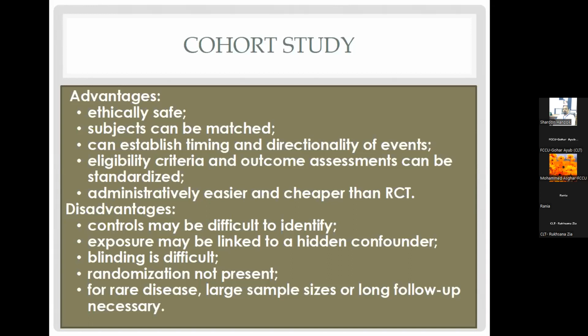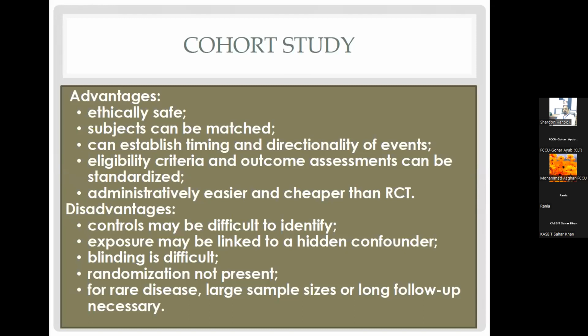So blinding is one of the very important concepts when you talk about randomized trials. Double-blinded randomized trials are considered to be very effective as compared to unblinded randomized trials. So blinding is when a researcher doesn't know what intervention has been used, or the person who is applying that intervention doesn't really know what intervention is being used.